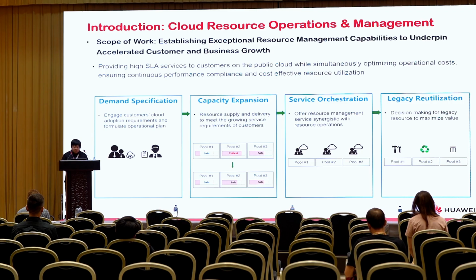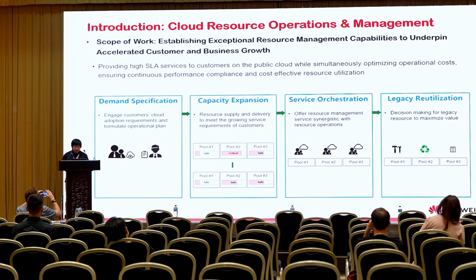By continuously monitoring performance, enforcing compliance with service level objectives, and upgrading our infrastructure, we not only safeguard seamless user experience, but also drive down costs. In short, efficient cloud resource operations and management enable us to balance uncompromising quality and service level with cost-effective resource utilization.